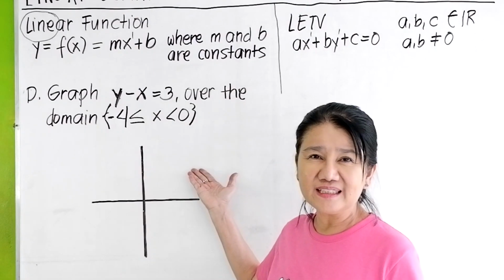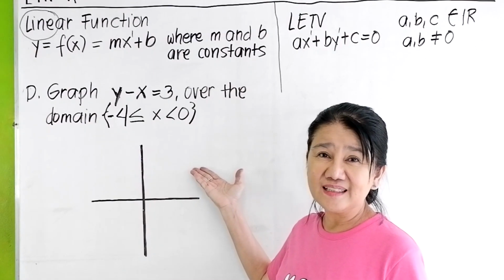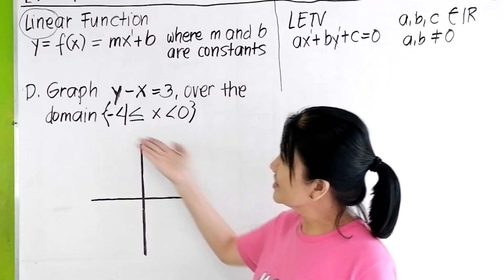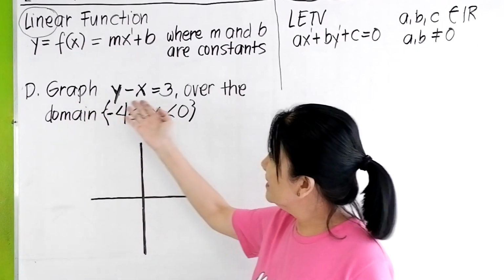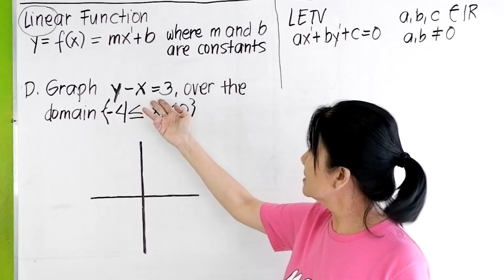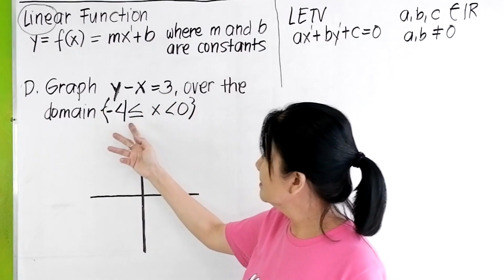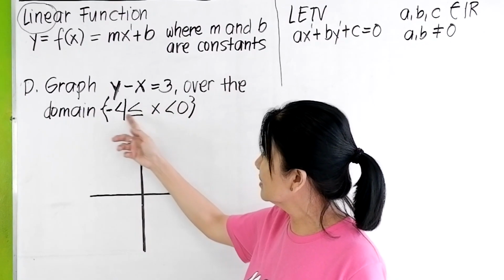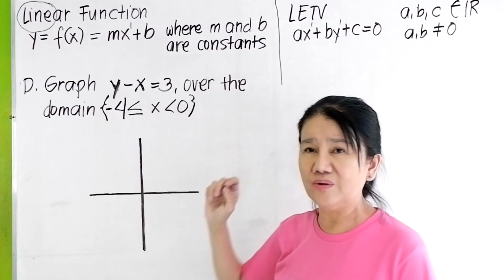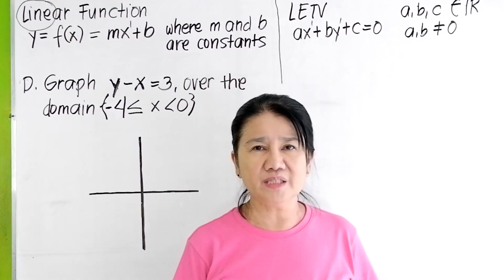My last example here is a different one because you will have to graph a linear equation in two variables over the domain x is greater than or equal to -4 and less than 0. I'll give you a shortcut here immediately.